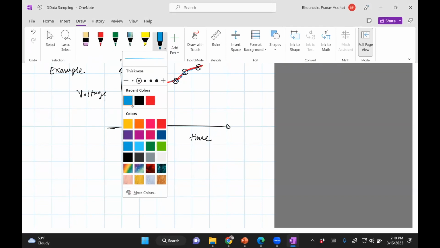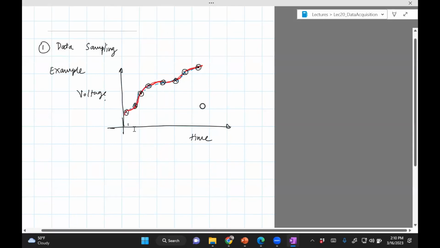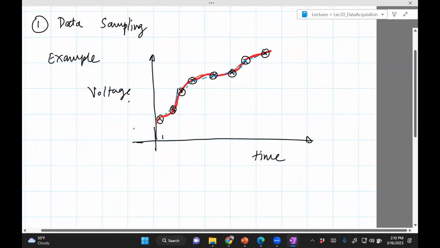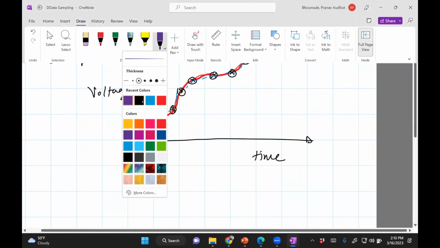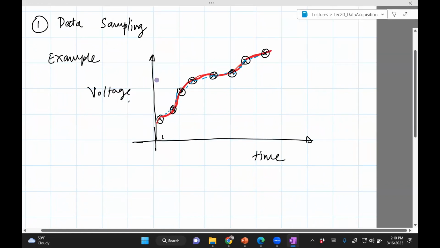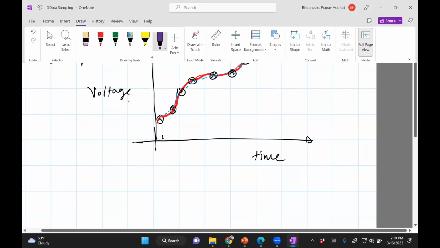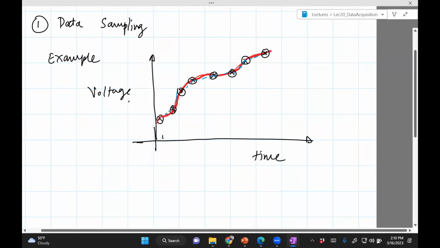Okay, so here you can see that it looks like the purple is almost on the red.